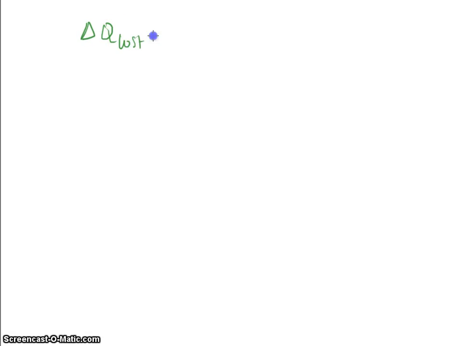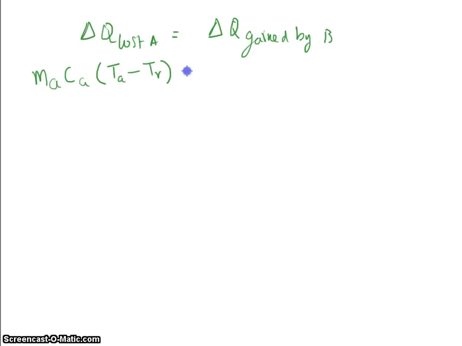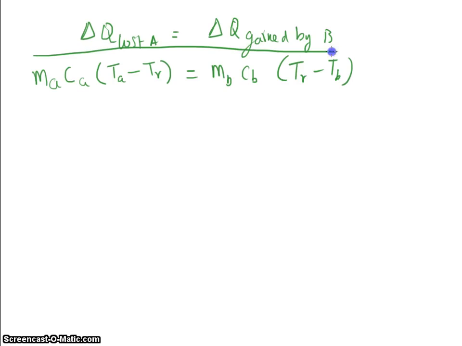Delta Q lost by A is equal to delta Q gained by B. So this one was Ma, Ca, Ta minus Tr is equal to Mb, Cb, Tr minus Tb. Now this is the principle of calorimetry. By the principle of calorimetry, these both are equal.